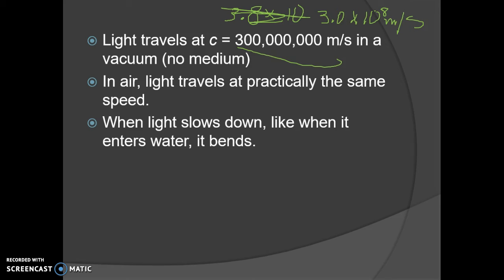If you look straight from the side, it looks like it's broken in half, and the part that's in the water is over to the side. Well, that's because when it hits that medium, the light is bending and it shifts, and it shows up in a different place. We're going to talk about that more in class in the next coming days.